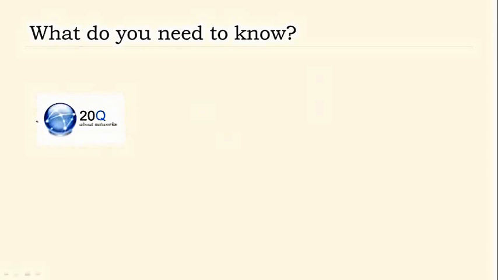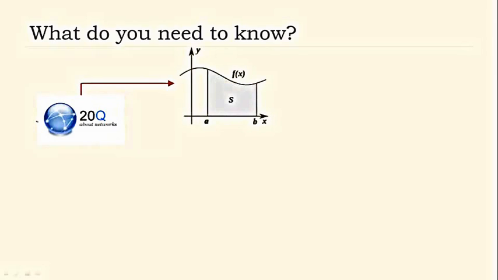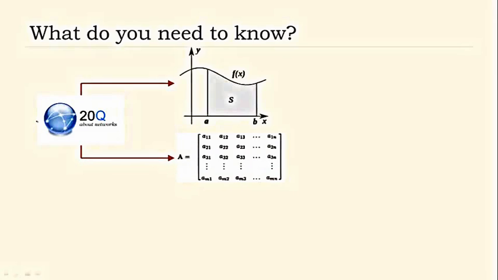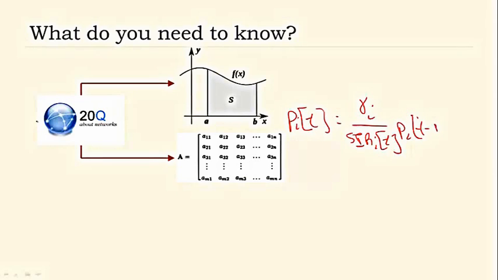So what do you need to know for this course? You probably saw a similar course, which was called Networks: Friends, Money, and Bytes, that we have had on Coursera twice already. In that one, we had a prerequisite of calculus and linear algebra, or dealing with matrices. So we may have written some complicated equation that looks something like this: P_i of t is equal to gamma_i over SIR_i of t times P_i of t minus 1.